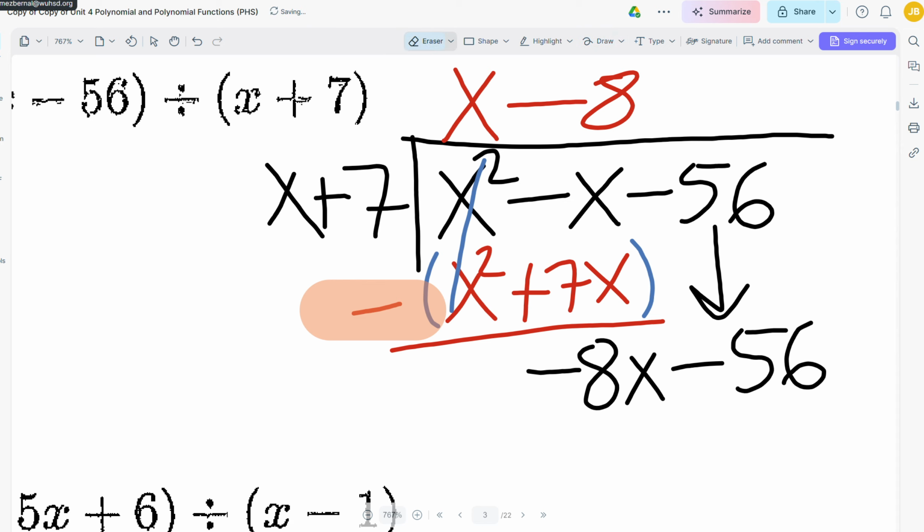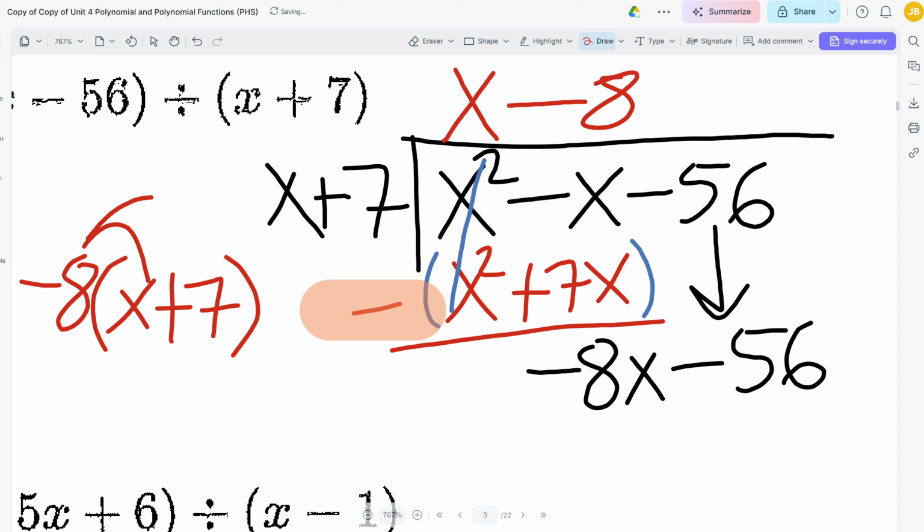And now let's go ahead and multiply this negative 8 to this binomial x plus 7. So we're going to have negative 8 parentheses x plus 7. We're distributing here. Negative 8 times x is negative 8x, and then negative 8 times a positive 7 is a negative 56.